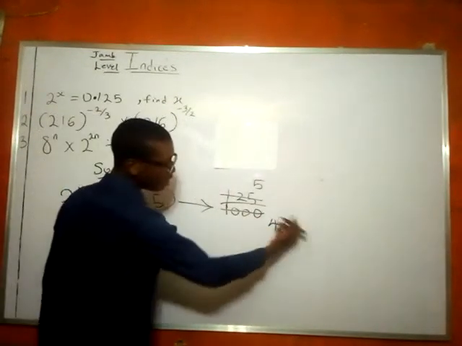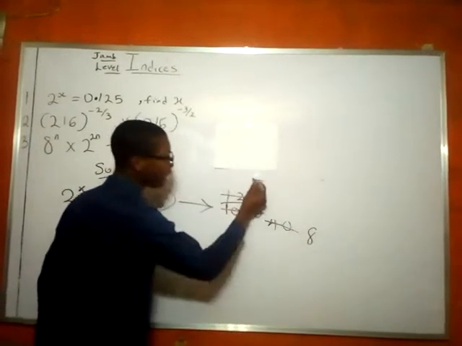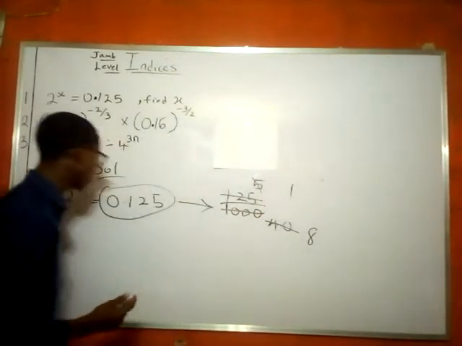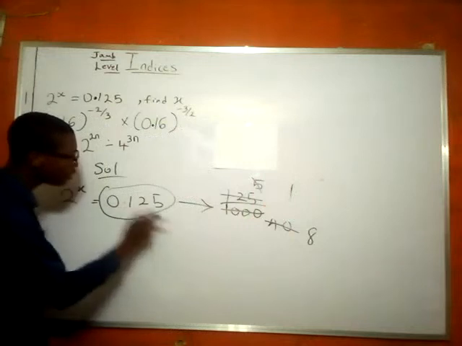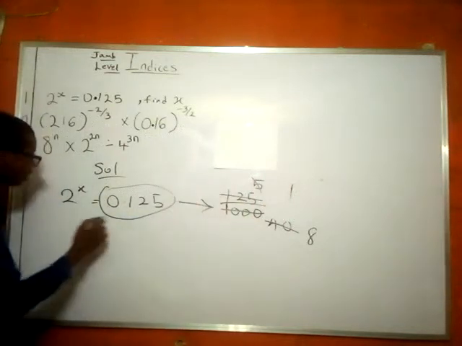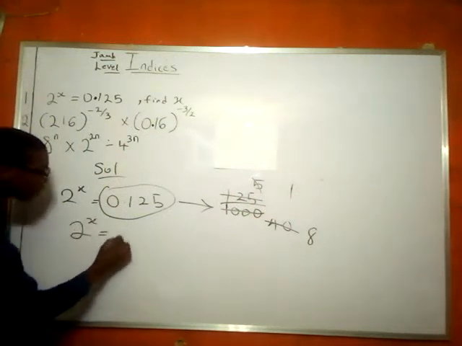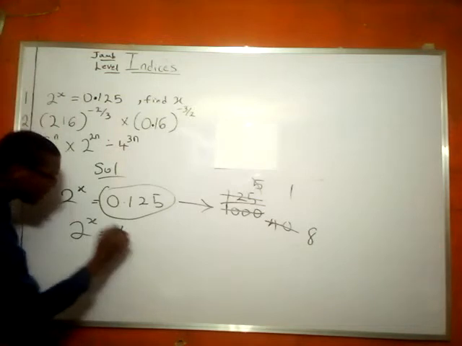As you can see, 5 can go into 40 8 times, and 5 can go into 5 once. So we will substitute 1 over 8 for 0.125. That will give us 2 raised to power x is equal to 1 over 8.